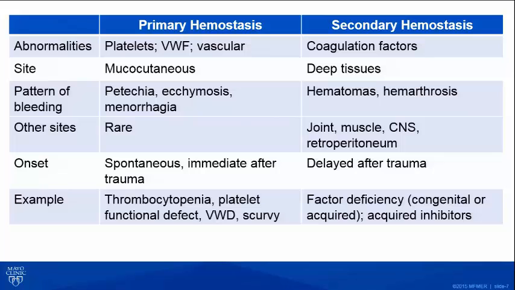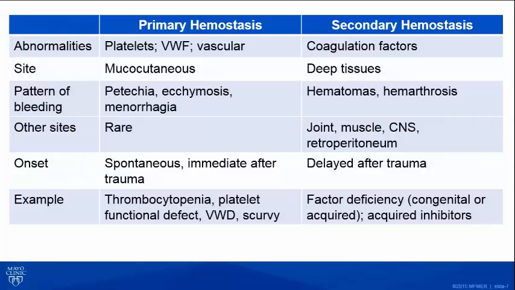Primary hemostasis usually involves mucocutaneous sites, presenting with petechiae, ecchymosis, menorrhagia, etc., whereas secondary hemostasis usually involves deep tissue, such as joint, muscle, CNS, and retroperitoneum, and presents with hematoma or hemarthrosis. The onset for primary hemostasis defects is usually spontaneous and immediate after trauma because they cannot form the initial platelet plug.